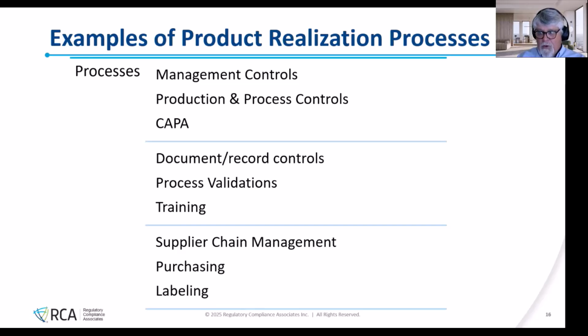That label is your last control of your device as you ship it out. And to get it back to its home base, if something goes wrong, you need that label. So that label is an extension of your quality management system to the public. And that label has to be correct because it's going to bring you back home if something goes wrong. And so labeling becomes a really important area that we have to work at.